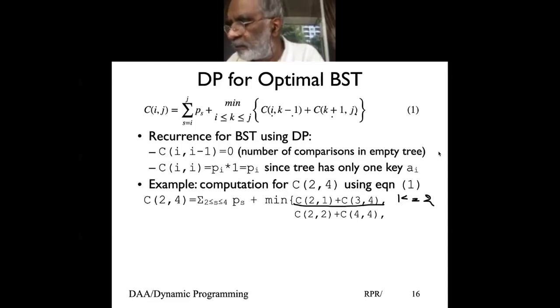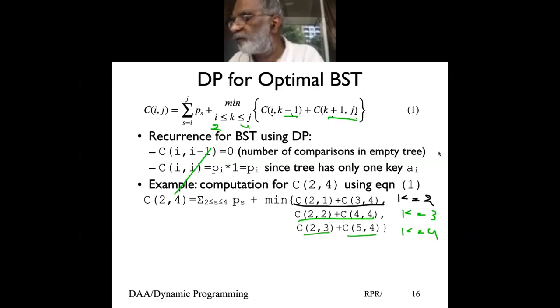When K is equal to 3, this becomes C(2,2) and C(4,4). And when K is equal to 4, because K varies from i to j, and my i is 2 and j is 4, this becomes C(2,3) and C(5,4).